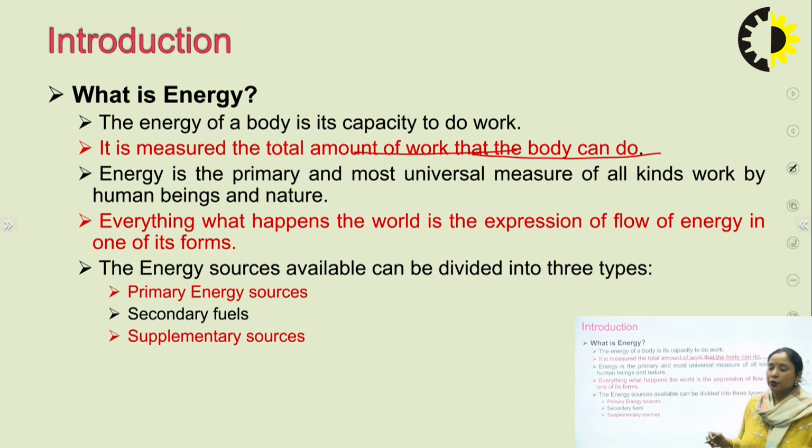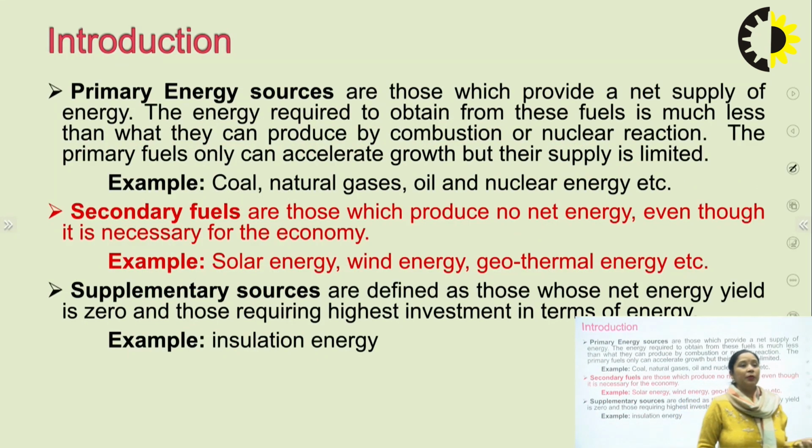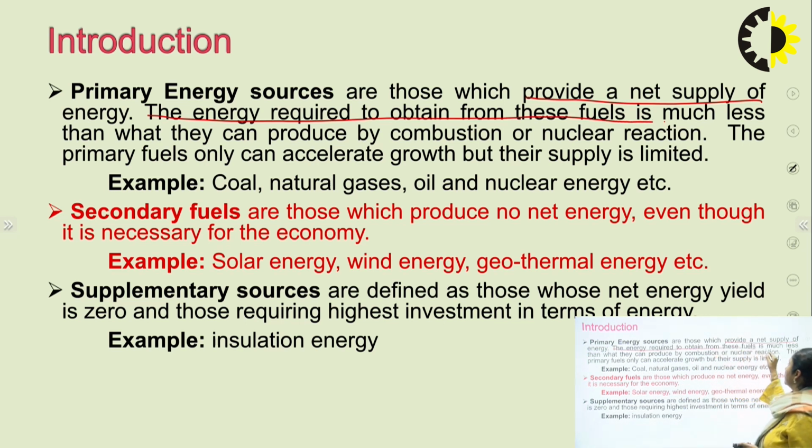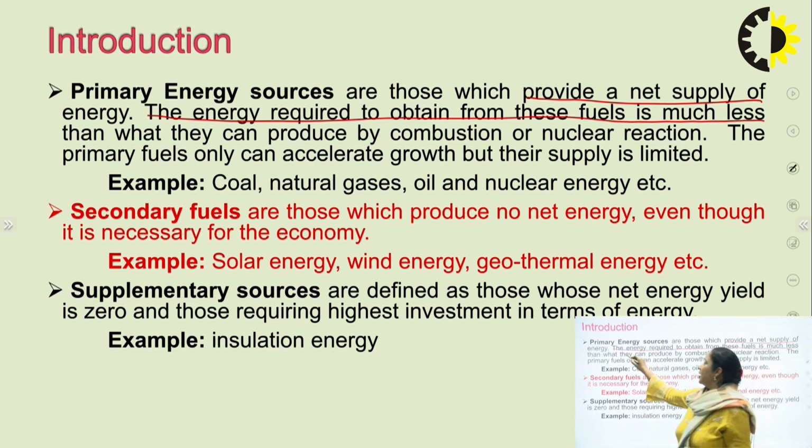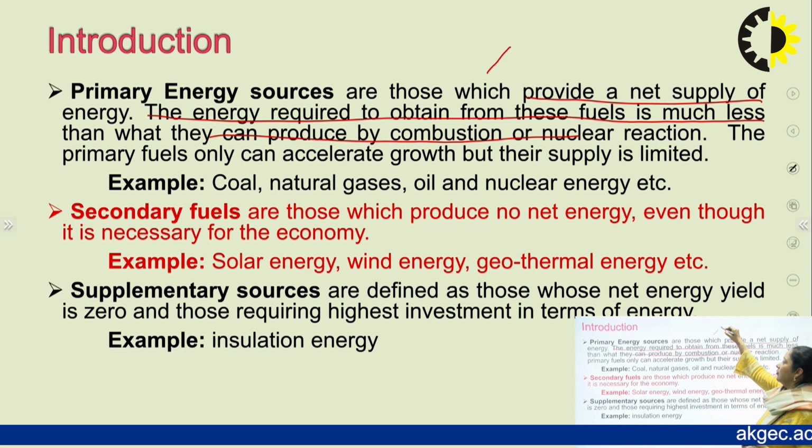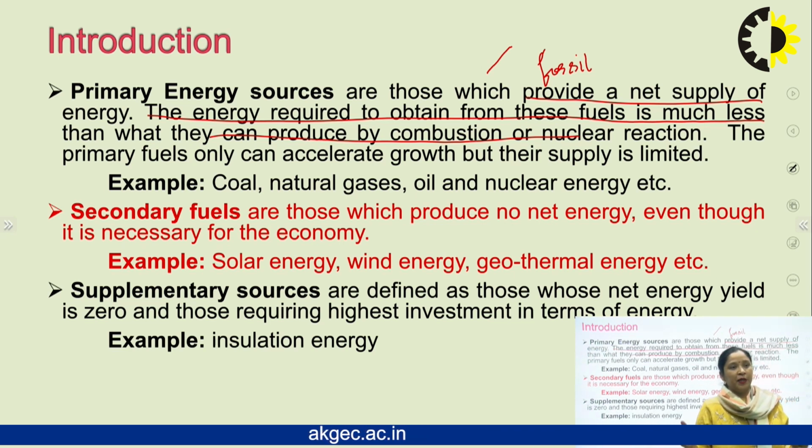There are three resources available with us: primary energy source, secondary and supplementary energy source. Primary energy sources are those which provide a net supply of energy. The energy required to obtain from these fuels is much less than when they produce by combustion, like our fossil fuel. We have to take help of combustion to generate a high amount of energy, like coal, natural gas, oil and nuclear energy.